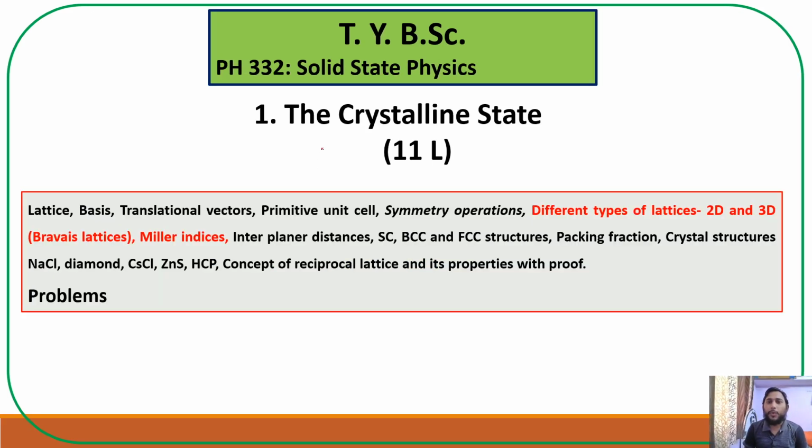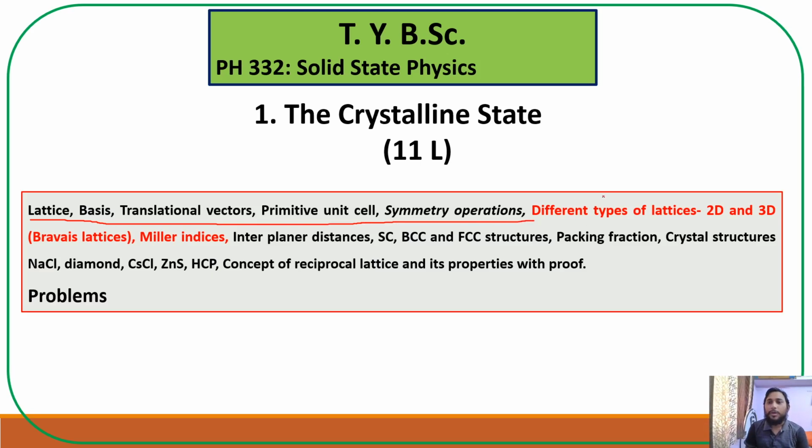As you know, we already discussed chapter number 1, the crystalline state. In our previous 3 lectures, we covered the topics of lattice, basis, translational vectors, primitive unit cells and symmetry operations.